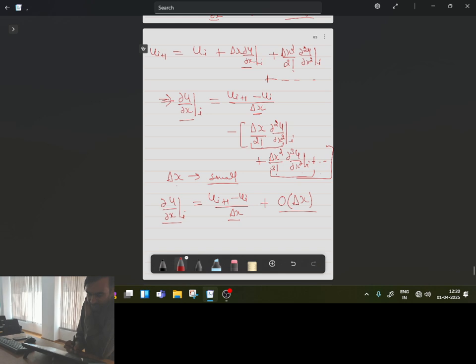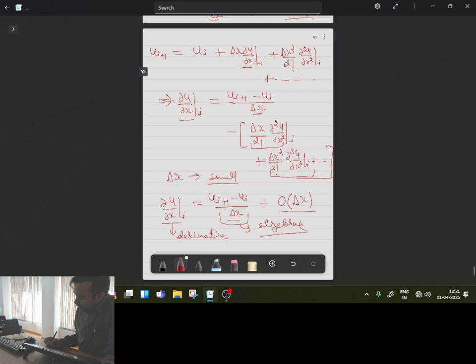Okay. Now, if you see the left hand side, what is it? It's a derivative term. What is the right hand side? It's an algebraic term. So it means if you replace in any derivative equation, any partial differential equation, the first order term with this type of approximation, then you will get an algebraic equation.